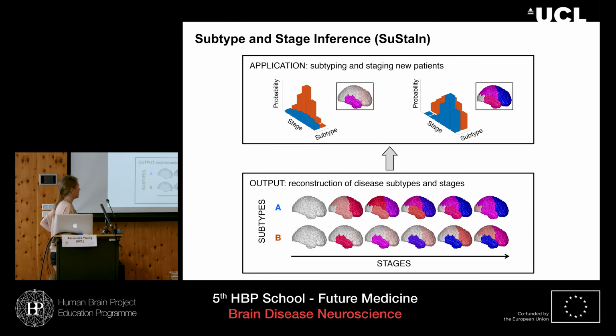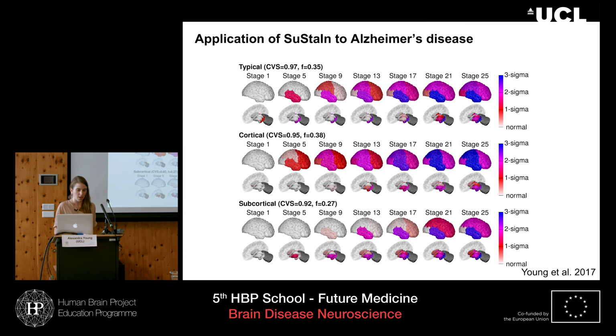Given this type of model, we can then apply it for subtyping and staging of new individuals. A brief example in Alzheimer's disease: applying this model just to regional volumetric imaging in Alzheimer's disease, we get three different subtypes. Here, each row is a different subtype, and going from left to right, you have the different stages of that subtype. The first is a typical subtype, which has both hippocampal and temporal lobe atrophy.